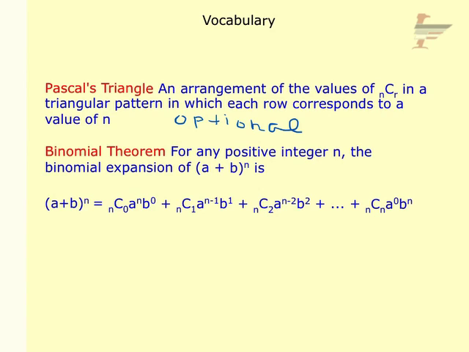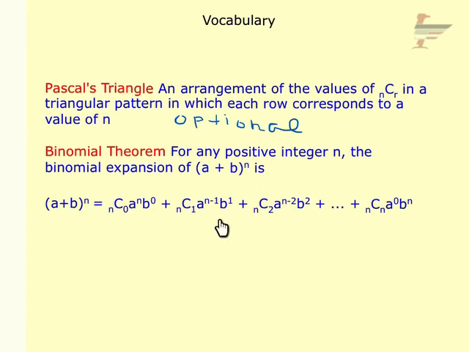And each row corresponds to a value of n. So if I had like 10 for n, that means I would have 11 rows actually, and you'll see why it's 11 and not 10. And then that can apply to the binomial theorem, so some of you might use it, might not, and you'll see when we get there.